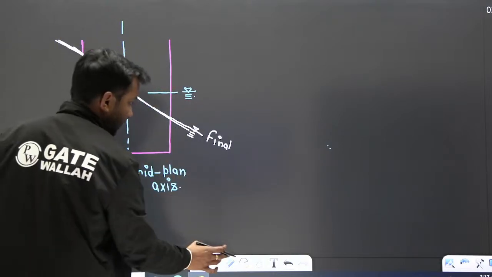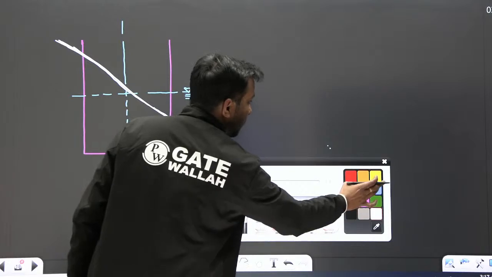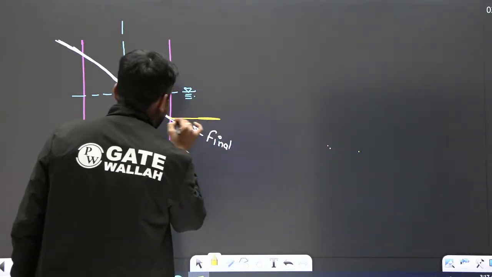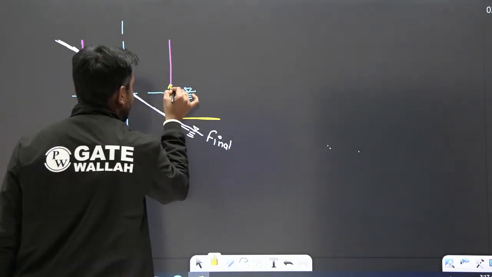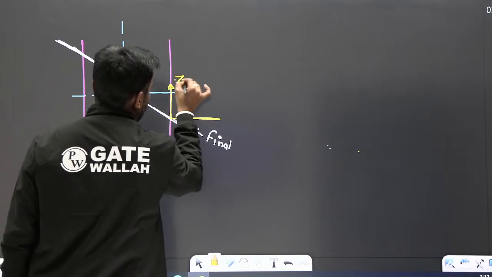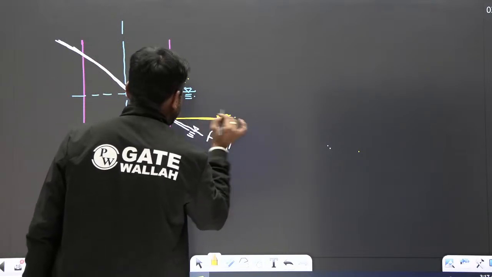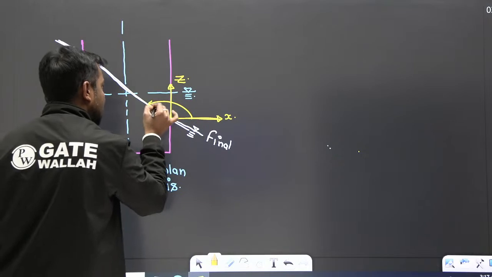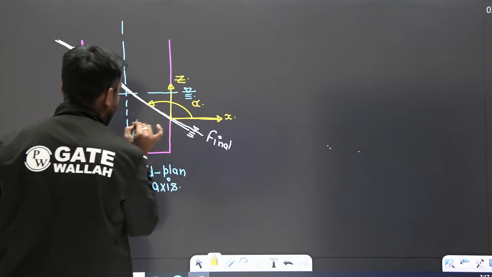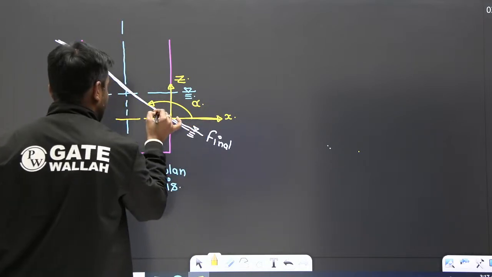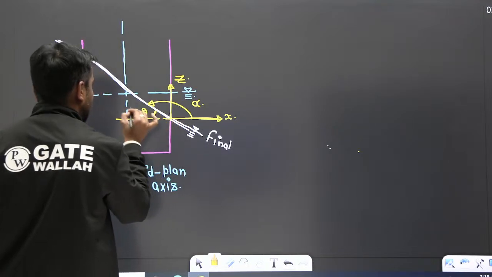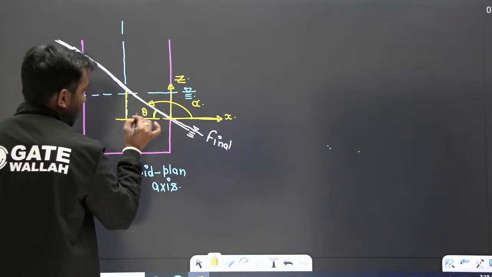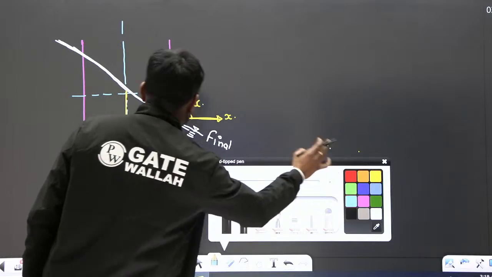Okay. Then this axis is the z axis, and this one is the x axis. This angle, let's take this as alpha, and I have considered this as theta. This is theta.